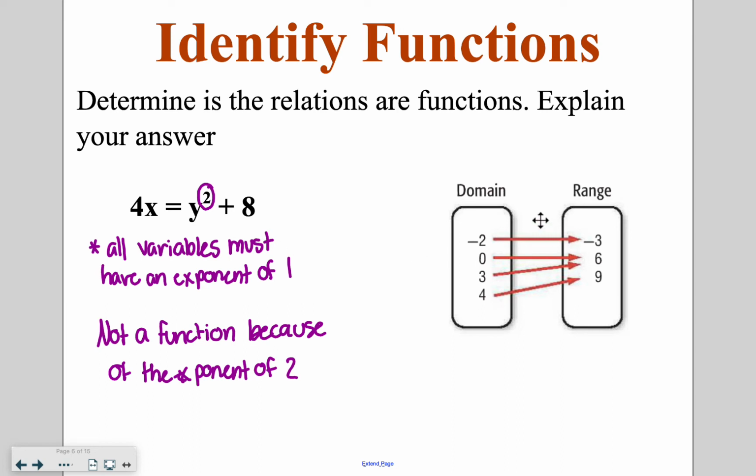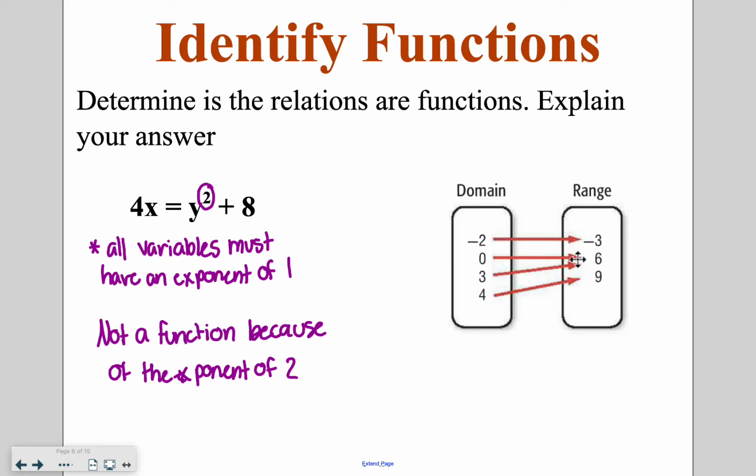If you are given a table or just a list of ordered pairs or the map like we have here, our job is to decide if each input has one output. So I look and I say, okay, in this map, -2 goes to -3. It only has one output. 0 goes to 6. It only has one output. 3 goes to 6.